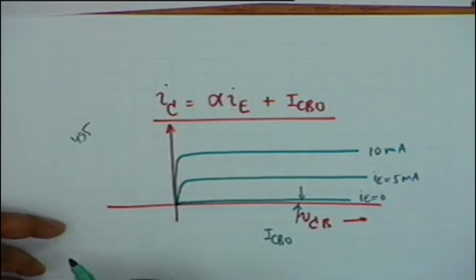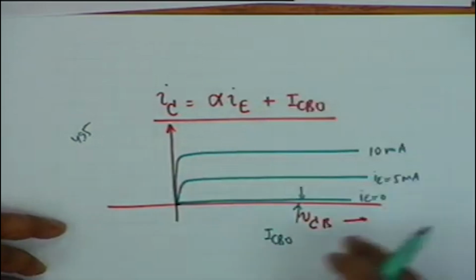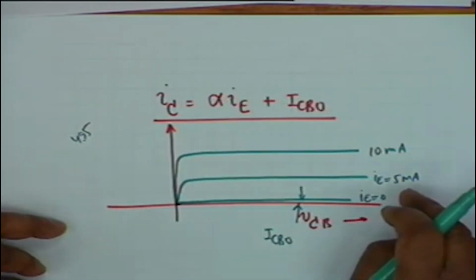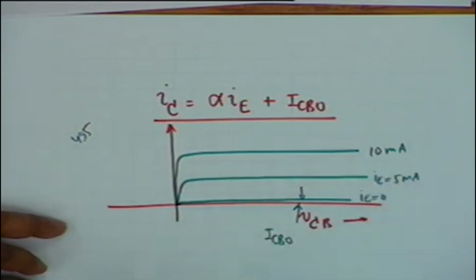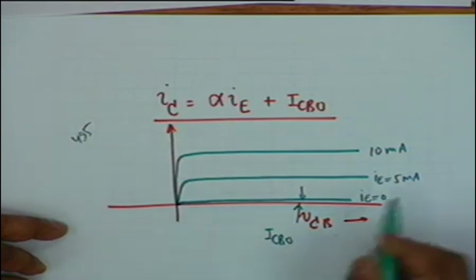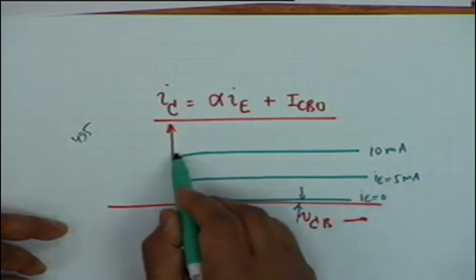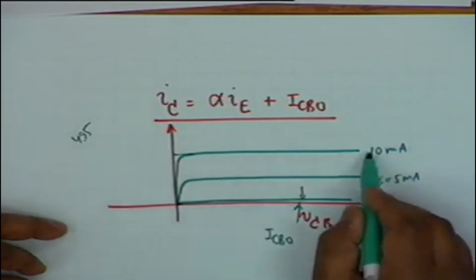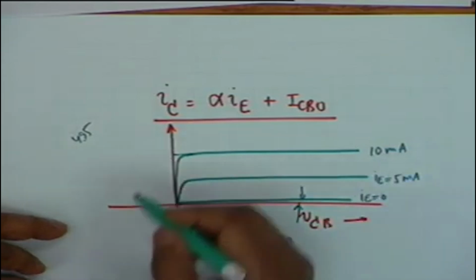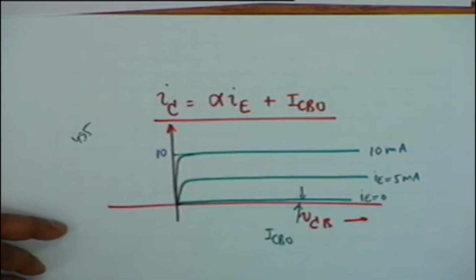So the collector characteristics shall be a set of parallel lines like this. That is, for equal increment of I_E, there is equal increment of collector current. Is that okay? The collector current, this level, is approximately equal to the emitter current. This will be approximately equal to 10.